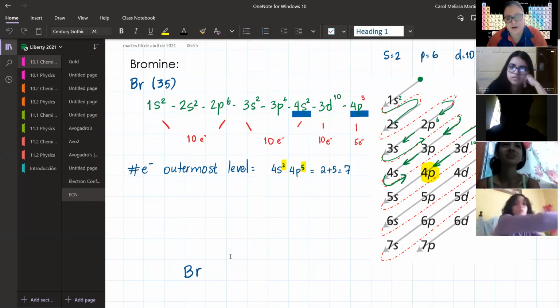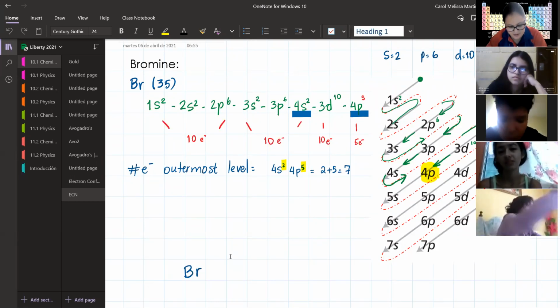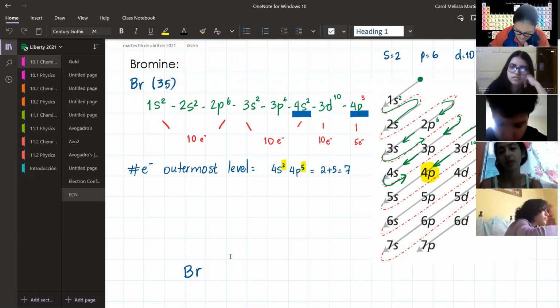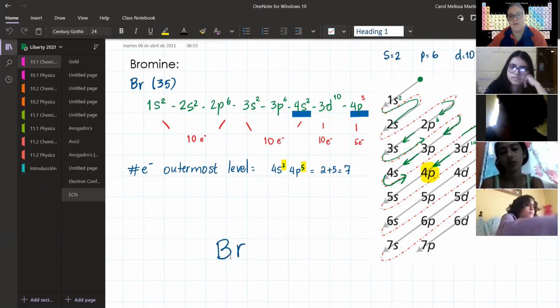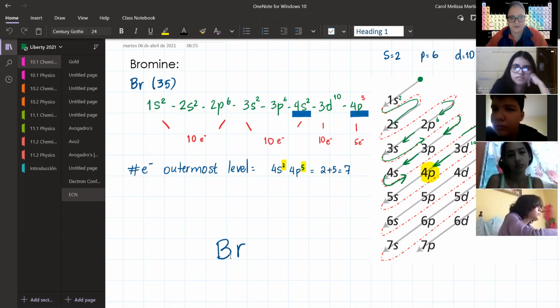You are going to write the element symbol, like I did here. And I will draw some rings.